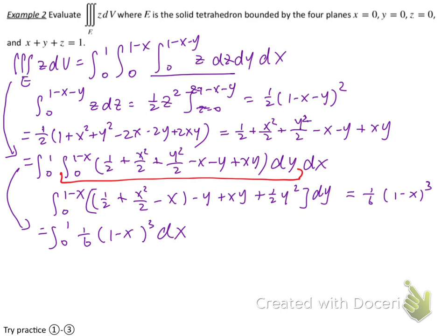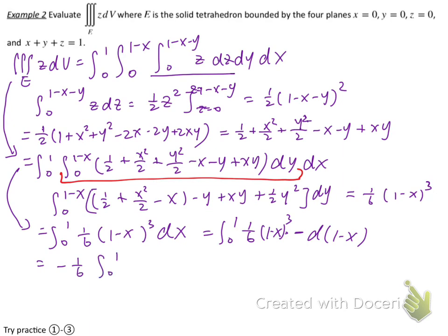This is where I'm not going to really introduce the new variable, but for dx, I'm going to need d1 minus x, right? So from 0 to 1, dx is negative d1 minus x. Then I have 1/6 1 minus x to the third power times, so this will be negative 1/6.